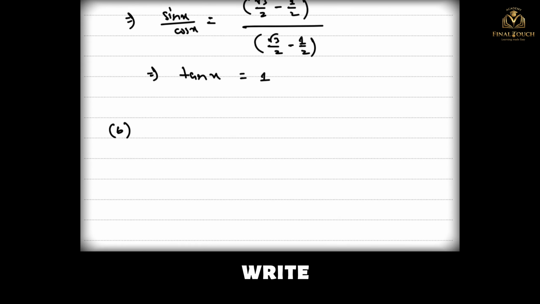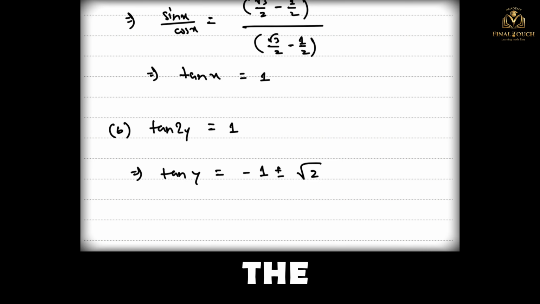So we can simply write tan 2y is equals to 1. We knew tan y was equals to minus 1 plus minus root over 2 from the first part of this question. So y should be equals to minus 67.5 and 22.5 degrees.